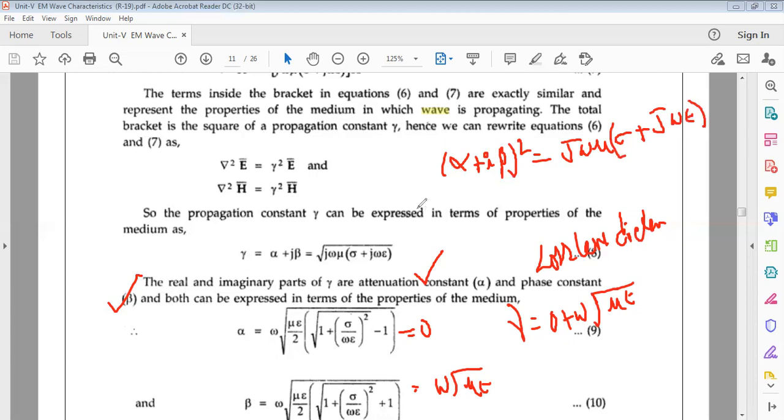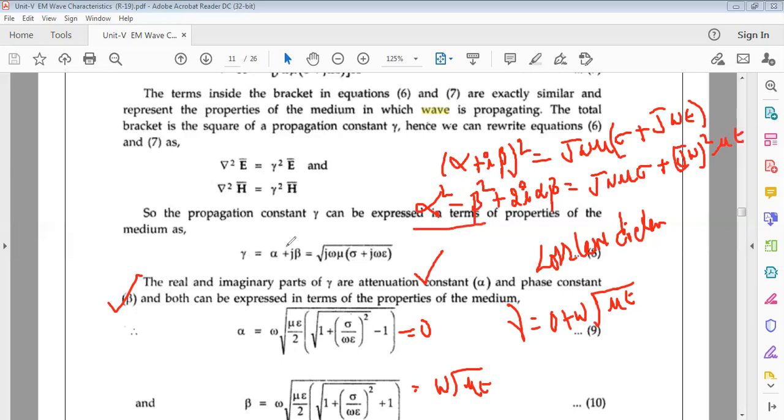Okay, so alpha square, j square is minus, so alpha square minus beta square plus 2j alpha beta is equal to j omega mu into sigma plus, and here the multiplication j omega square into mu epsilon.